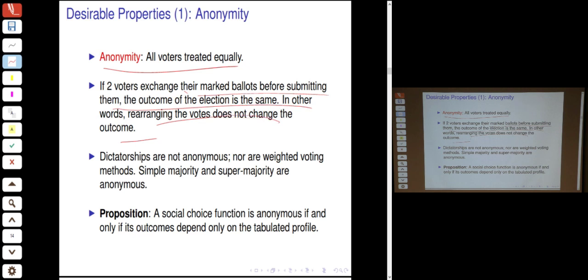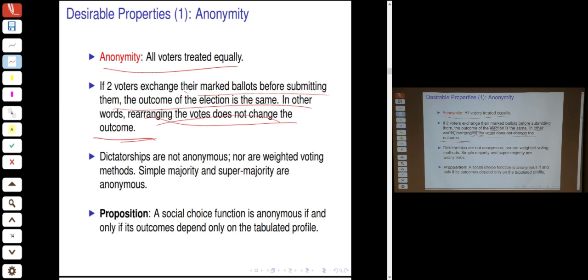So for example, if you and I are voting in the same election, and I have marked my choice on the ballot paper, and you have marked your choice on your ballot paper, and before putting them inside the ballot box, if it is physical voting, we just exchange our ballot papers and cast them in, it should not make a difference regarding who wins the election. Okay, so that's anonymity. In other words, rearranging the votes does not change the outcome of the election.